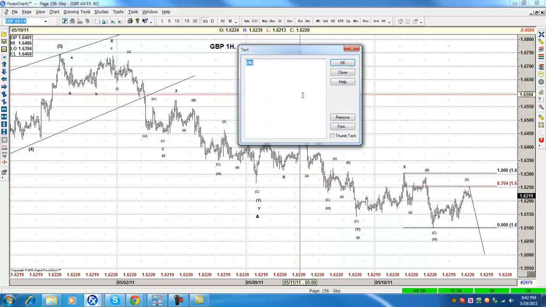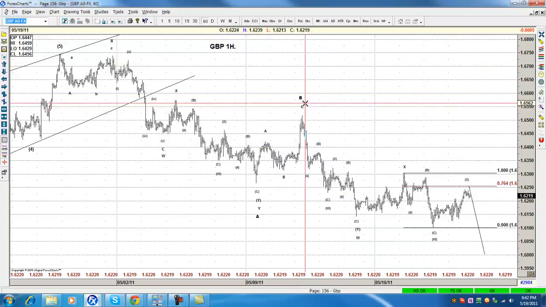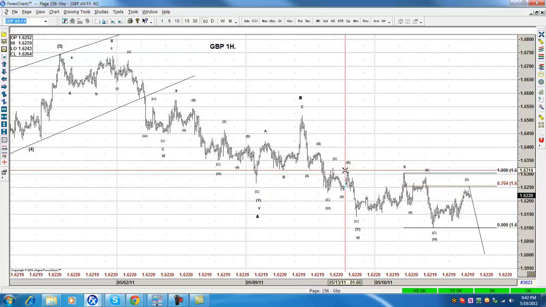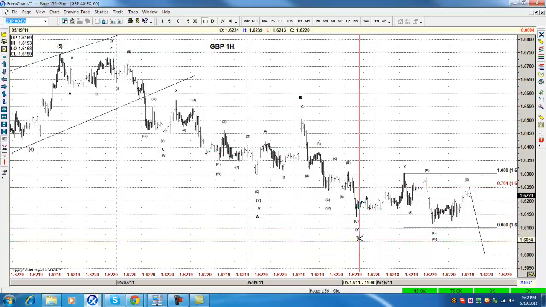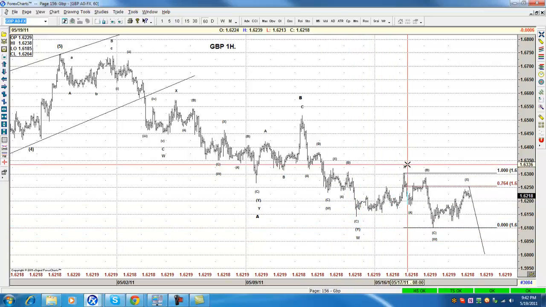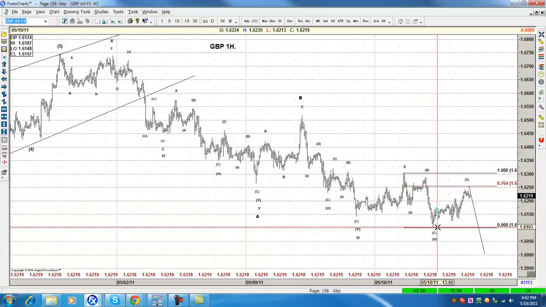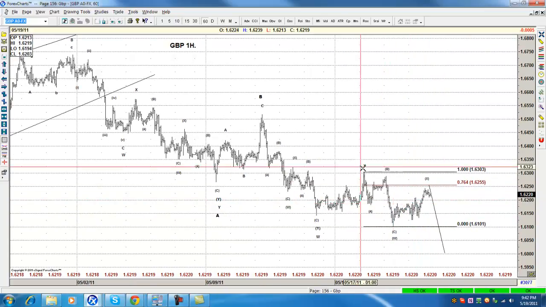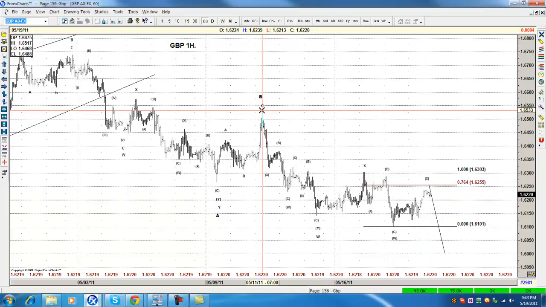This is a B, and then from here we got A, B, C, W, S, A, B, C, Y. This is W, higher degree. Look at the parentheses here. A, B, C, S, A, B, C, W, and we are expecting, I mean, from here it can be counted in two ways.